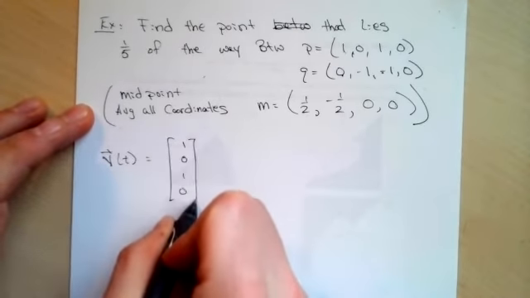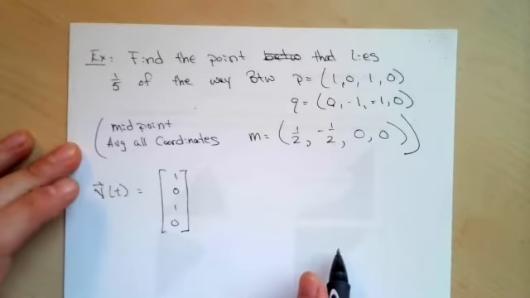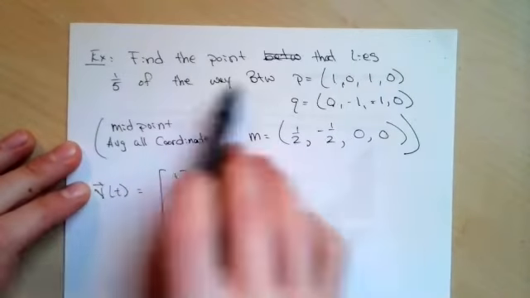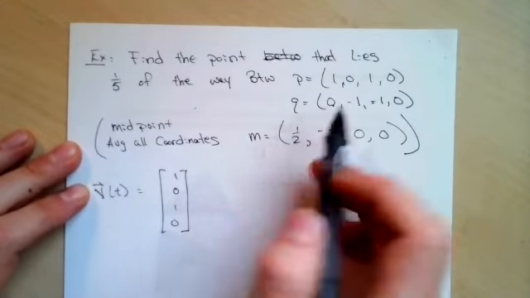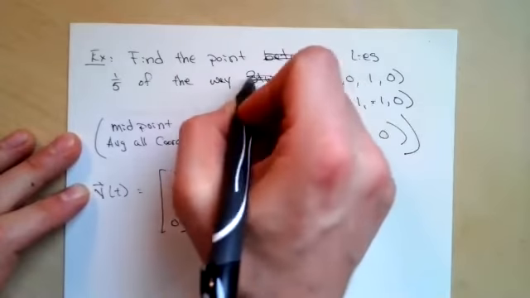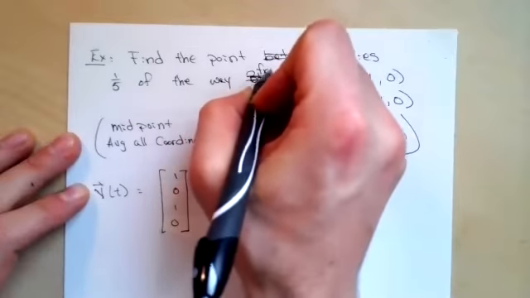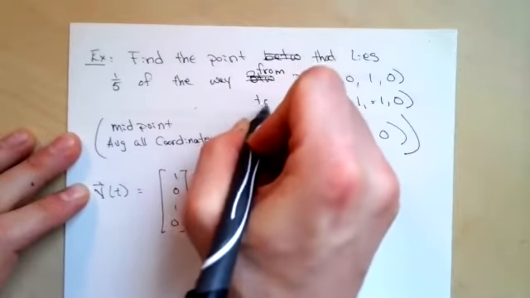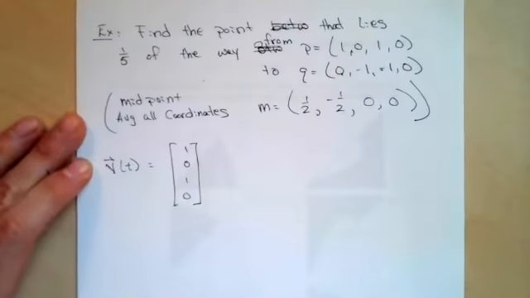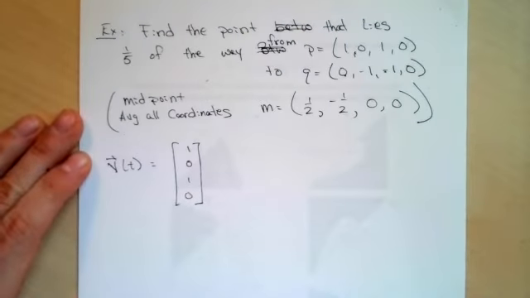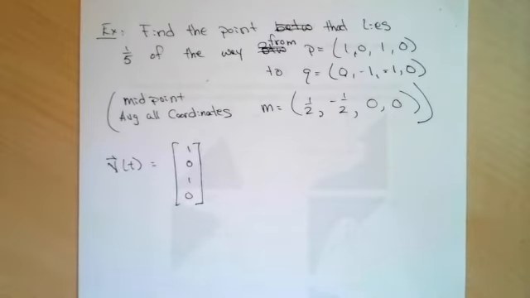Let's go ahead and start at P again. And I guess we should specify, find the point that lies 1/5 of the way between P and Q. Maybe we should be more specific, from P to Q, so we have a defined starting point. We want to start at P and walk 1/5 of the way from P to Q.